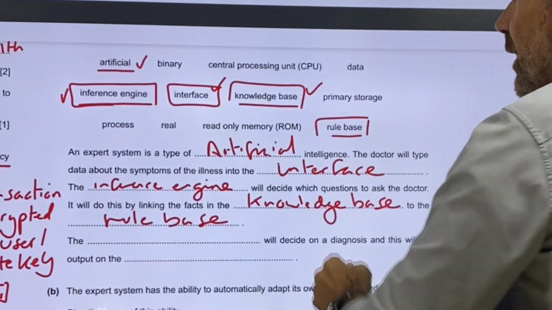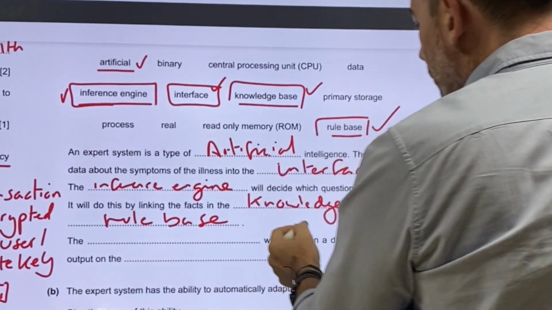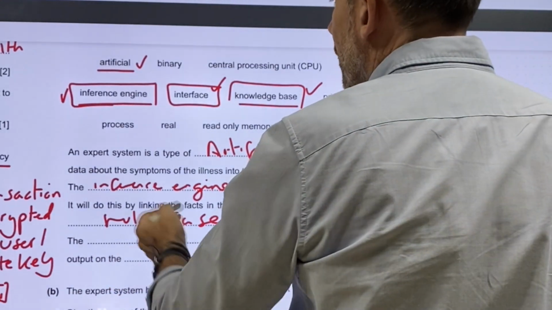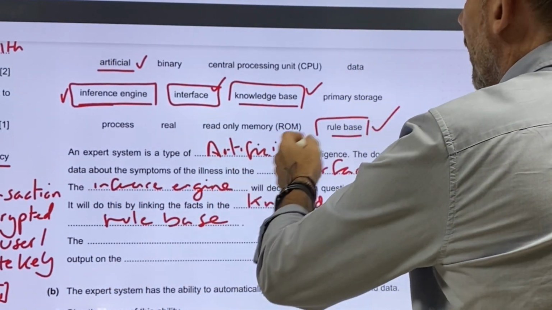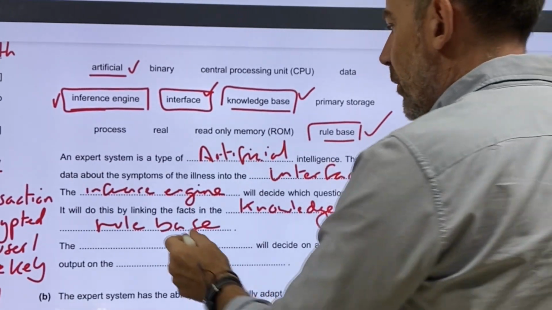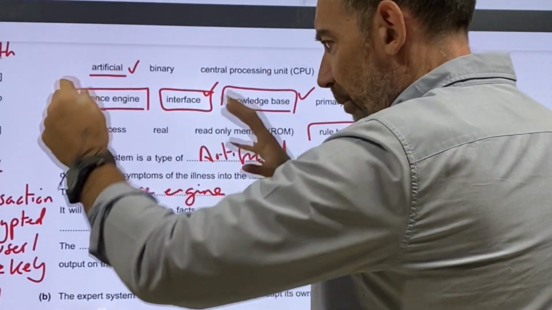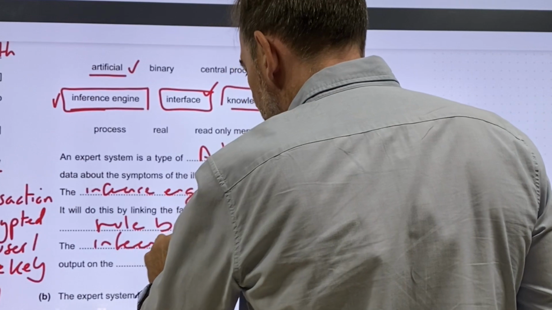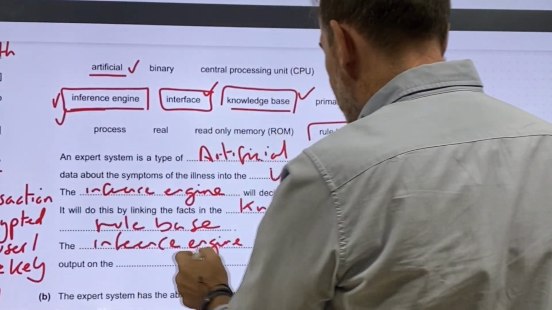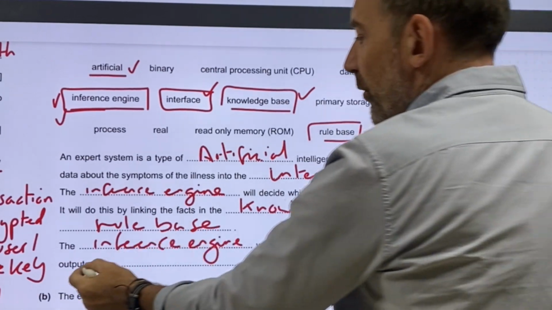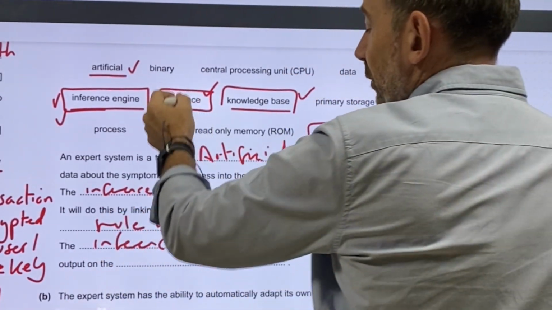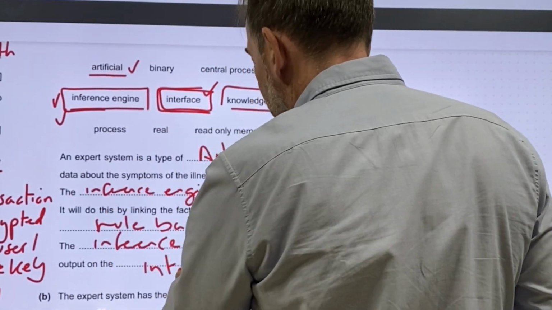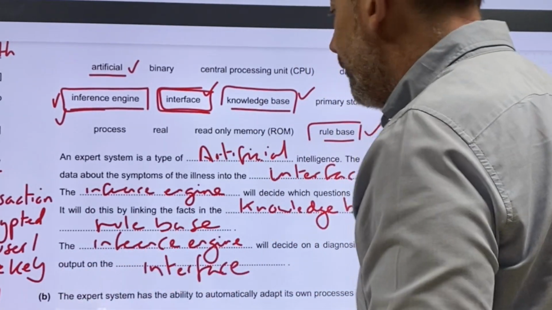Now, something will decide on the diagnosis, and this will be outputted on the, so it's going to go backwards. Again, the inference engine, so we use that twice. The inference engine will decide on the diagnosis, and this will be outputted onto the, it's not the screen. If the doctor's using the interface to input it, it's going to have to be outputted to the interface again. We can assume there's some kind of tablet. It's got an input and an output.